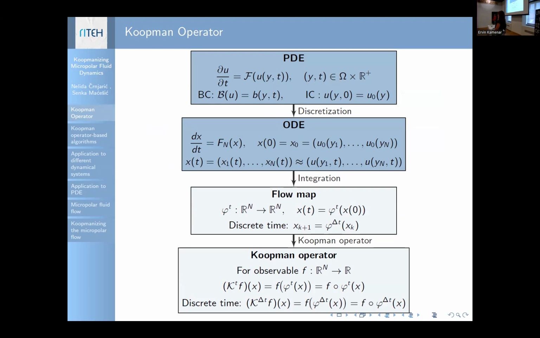Then by using spatial discretization, we can approximate this PDE by an ODE using some numerical approaches, finite differences, finite volumes, or finite elements, and obtain the corresponding ODE where the states of the system are actually the values of the variables at these discrete points.